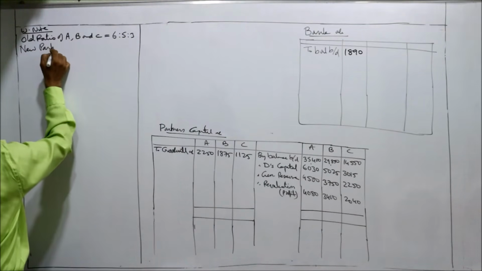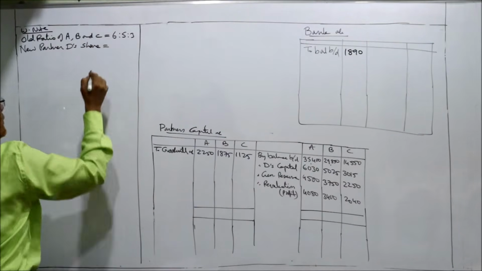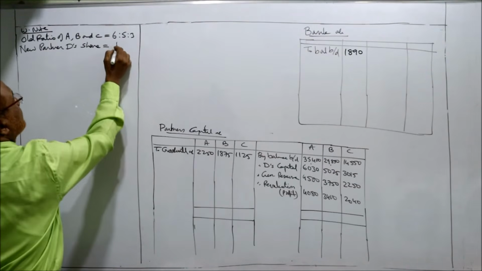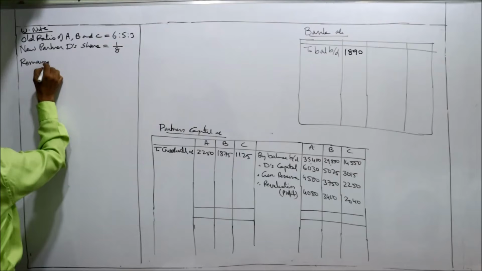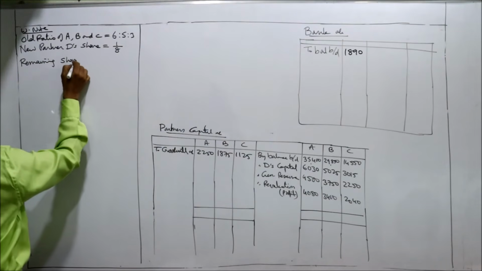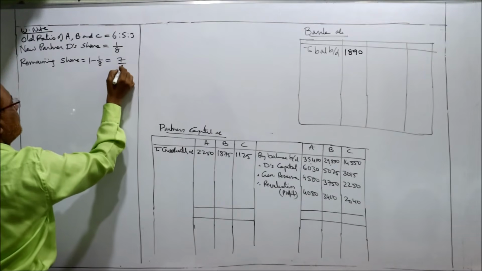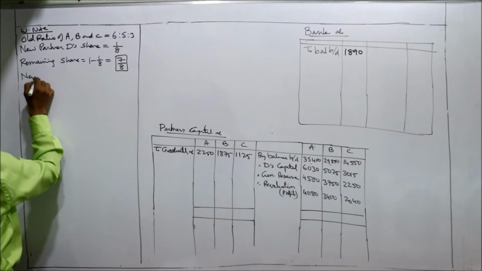New partner, D's share. How much is D taking? 1/8. Remaining share, 1 minus 1/8 is equal to 7/8. New ratio.